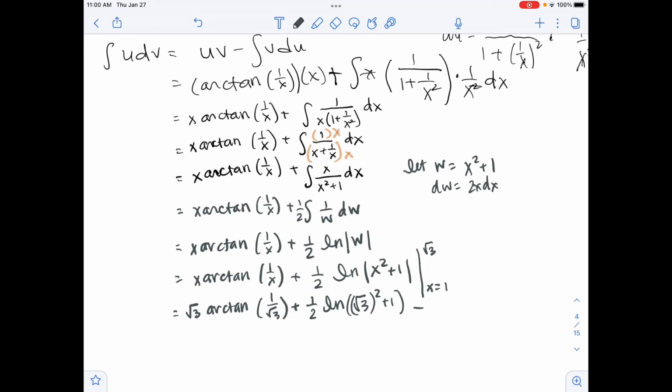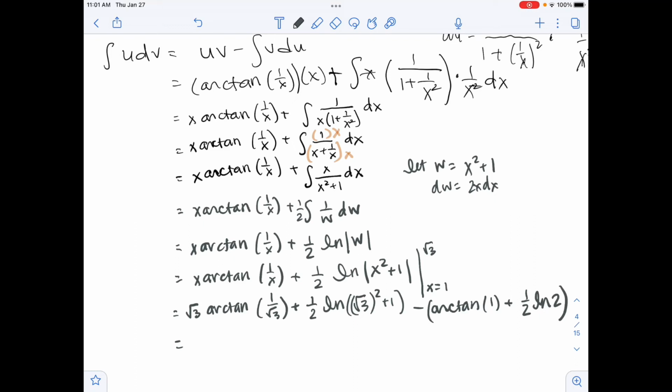So we have 1 times arctangent of 1 over 1, which is just arctangent of 1, plus 1/2 times ln of 1 squared plus 1, or ln of 2.